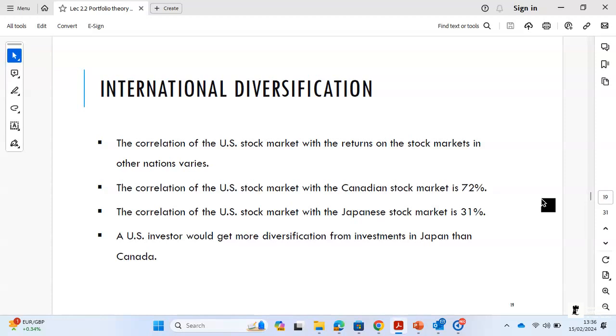So if you want to increase the effective diversification, you should choose to invest in assets of the Japanese market as well. A US investor would get more diversification from investment in Japan as compared to Canada, because the correlation between the Canadian market and the US market is quite high, 72%, whereas it is a lot lower in the Japanese market.